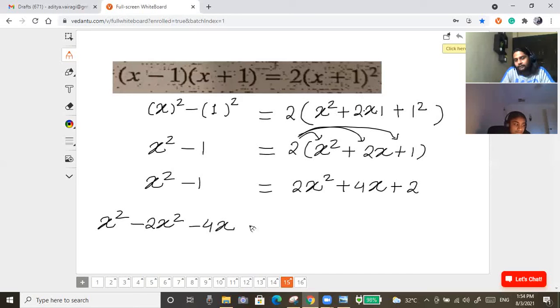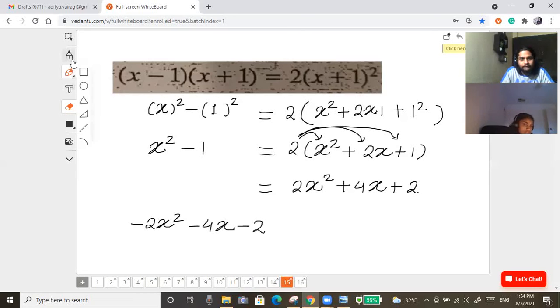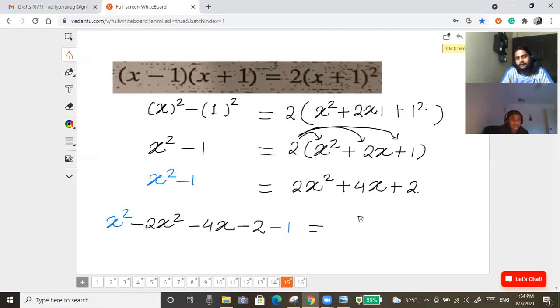We bring 2, that's also negative, and 1 is already present with the negative sign here. We write this negative 1 as it is. It will be clear to you when I use different colors. We had x squared minus 1. No matter where you write, whether you write here or there, that's no matter. And nothing is left on the other side, so it's 0.